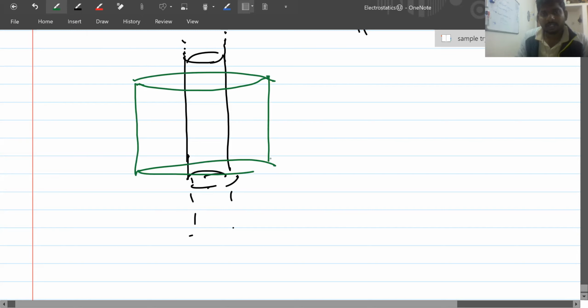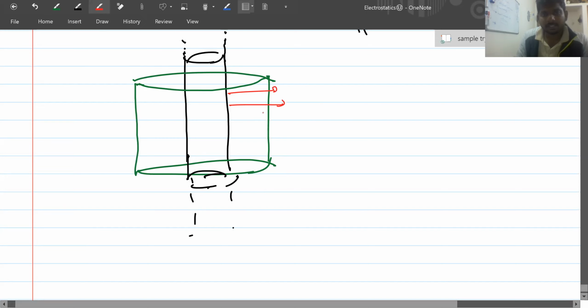Here you see, for line symmetry, if a long cylindrical wire is there, I am taking a cylindrical Gaussian surface for which the electric field will be symmetrical.